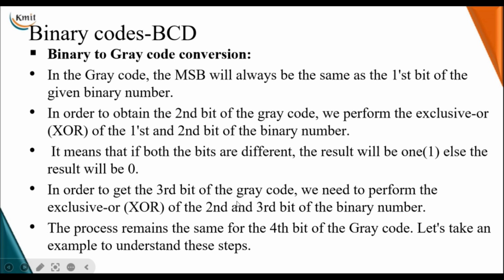To get the third bit of the gray code, we perform the exclusive OR operation between the second and third bit of the binary number. This process of obtaining the next bit continues till you get the last bit of the gray code. If I require the fourth bit, then we perform the exclusive OR operation between the third bit and fourth bit.